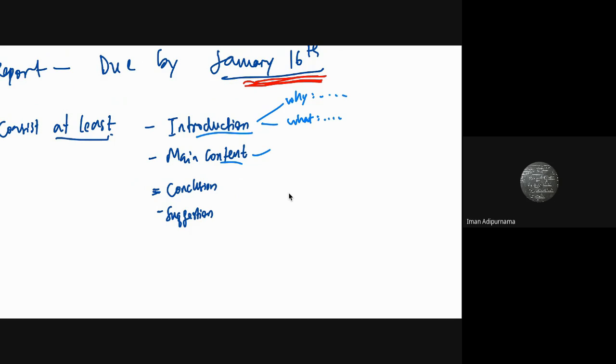The main content can be about the general idea, definition, and the process itself. Actually, the sections can be elaborated as much as you want. It depends on you.